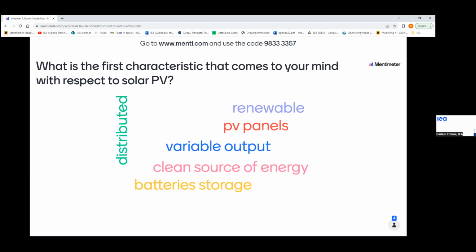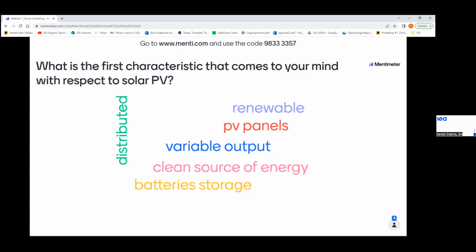So we have PV panels, we have renewable energy, clearly a clean source of energy, we have battery storage, which one of you wrote, which is really important because of how solar energy is distributed during the year and during the day.